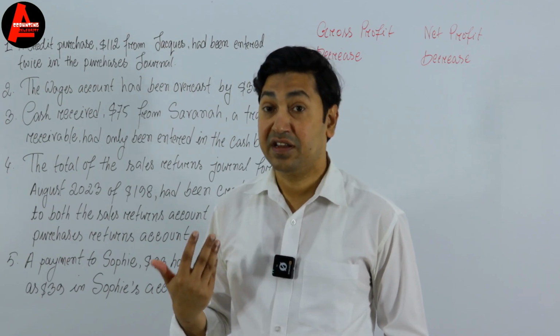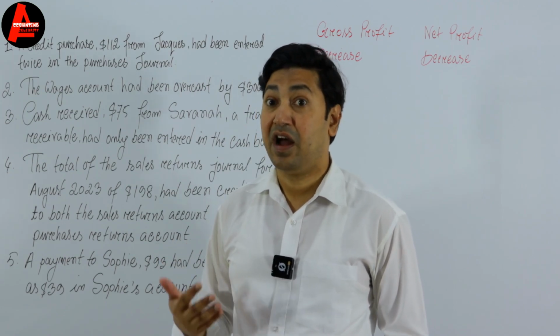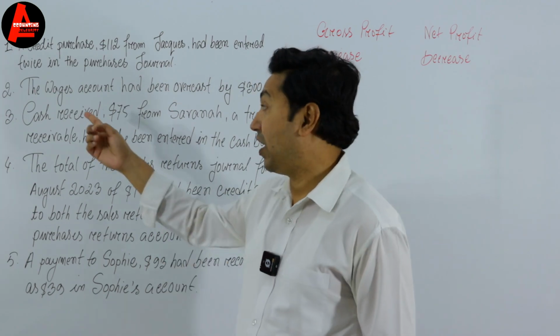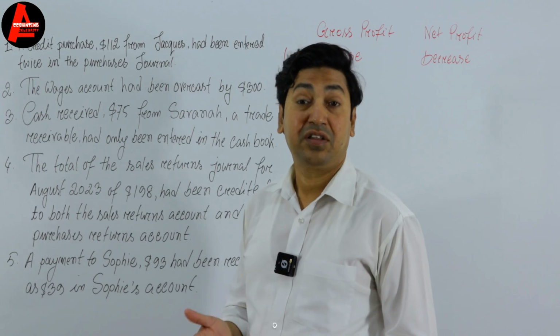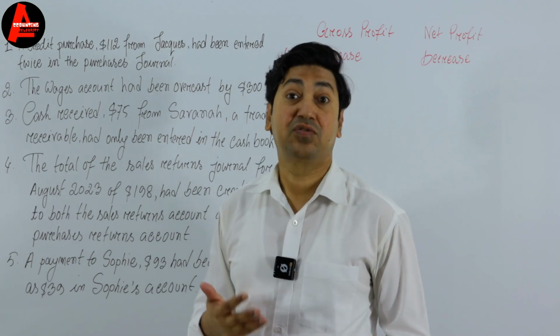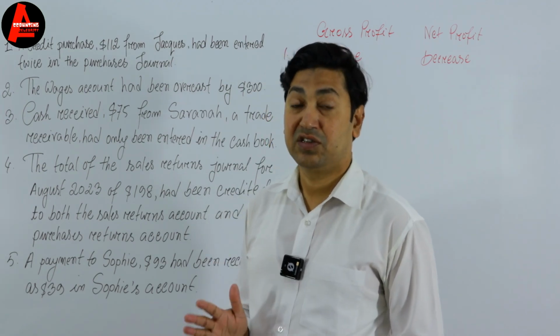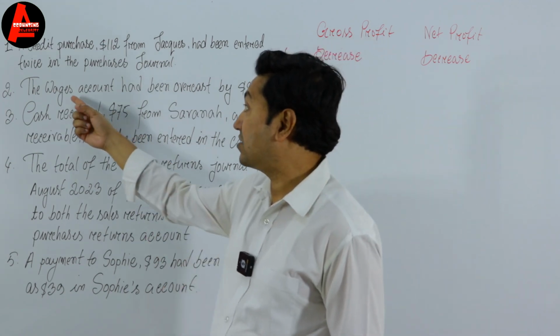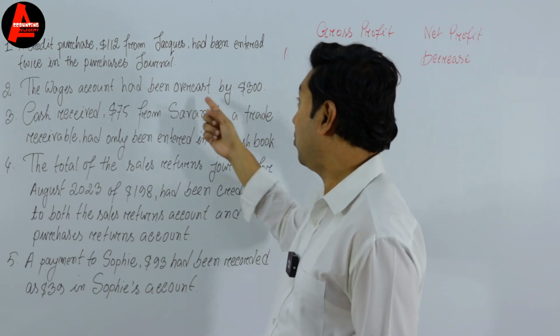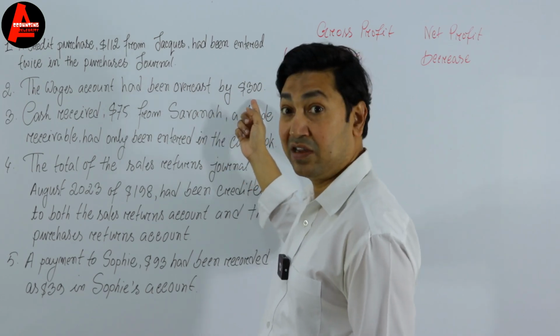So in the income statement, second part under the expense section, we write wages. Wages do not come in the first part of the income statement to calculate gross profit. So there is no impact on the gross profit. Here expenses increased, overcast means increased by $300.